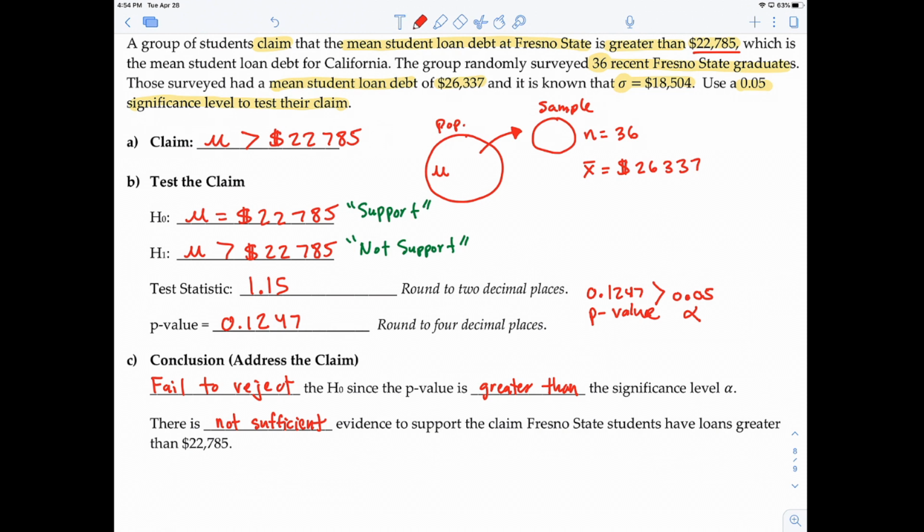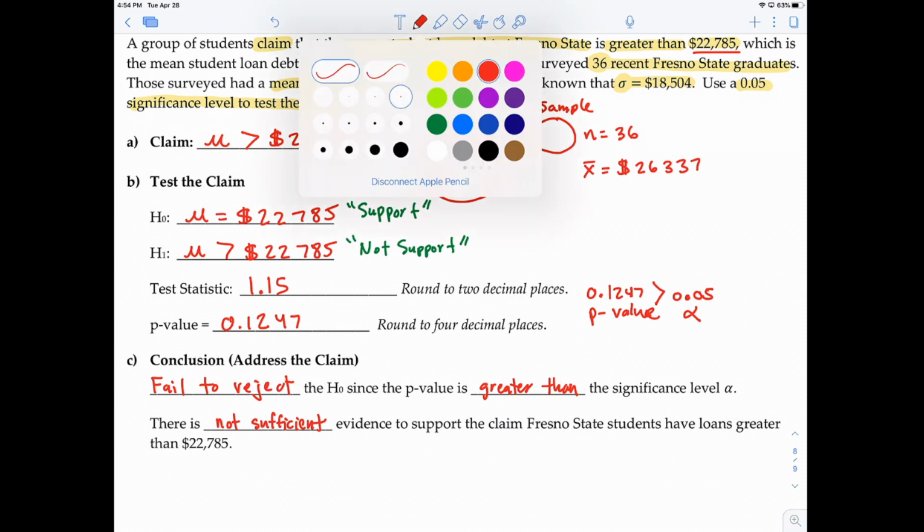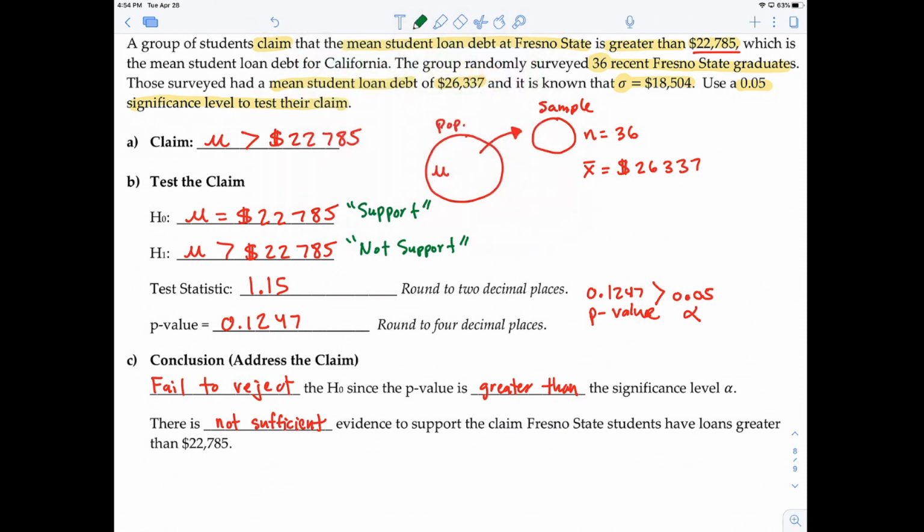Now, just while we're here, I wanted to note that there are two very important things that the p-value largely depends on, both equally important. The first thing is n.